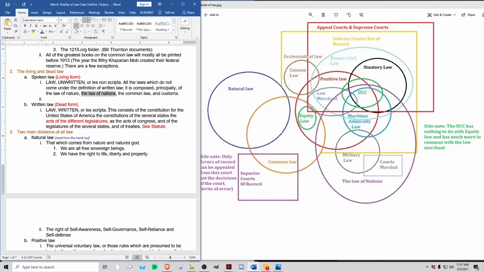And teste is the root of testicle, because back in those days only men were able to give testimony, because what they were doing was actually holding on to their testicles, and if they were caught in a lie, that was what they lost if they were lying, which is why all three of those words have an etymological continuity to them.